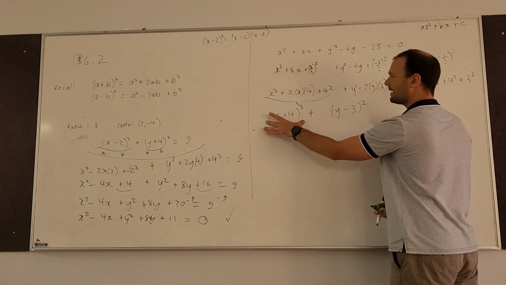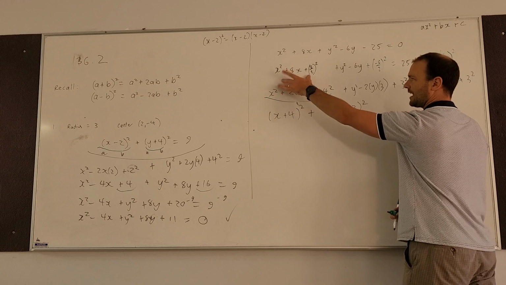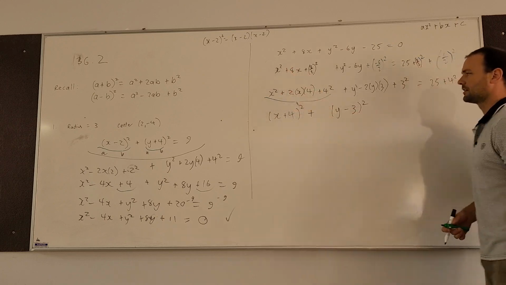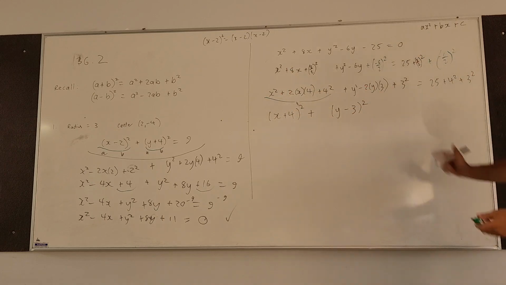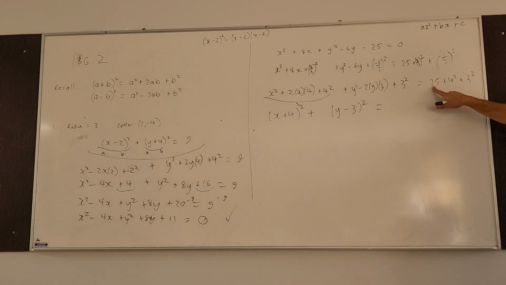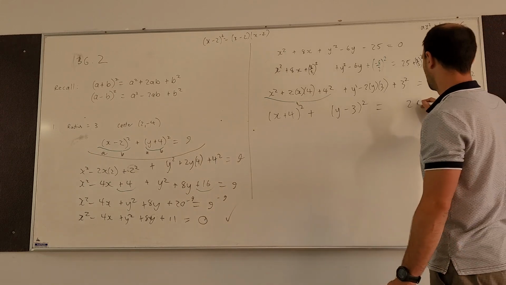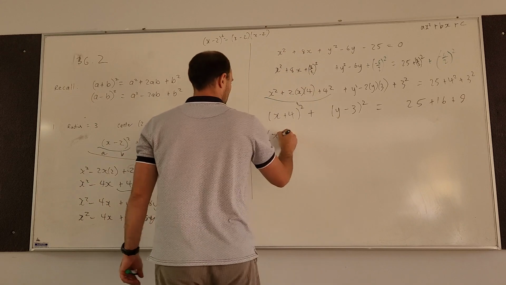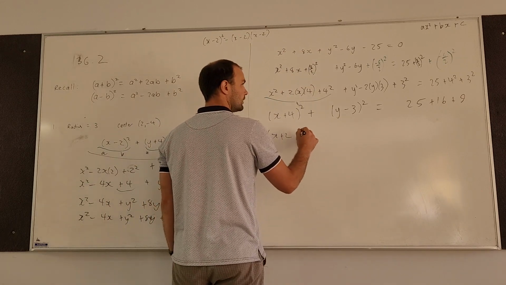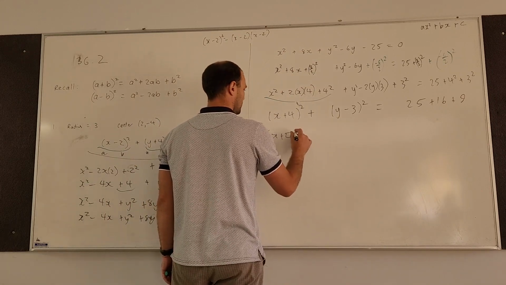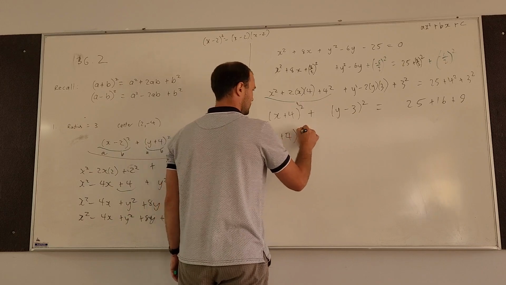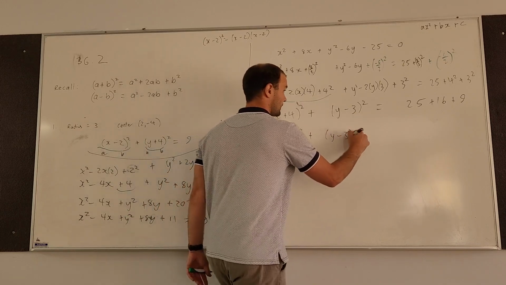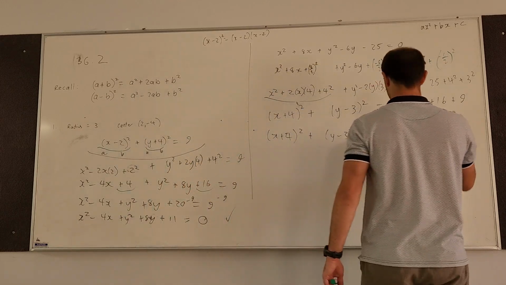If you expand that, this is exactly what you're going to get. Similarly with this one. And what's it equal to? On the other side, we have 25 plus 16 plus 9. I'll just leave it like that for now. 25 plus 16 plus 9. So what's that? 50.